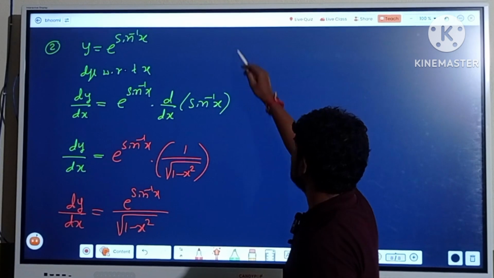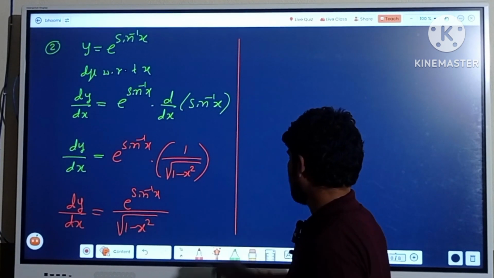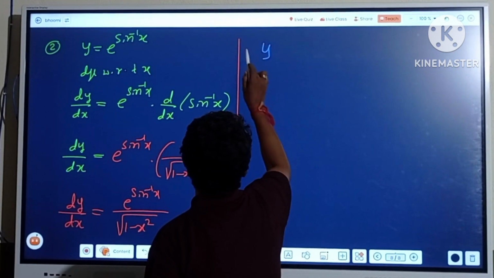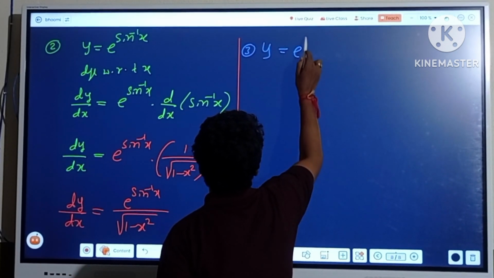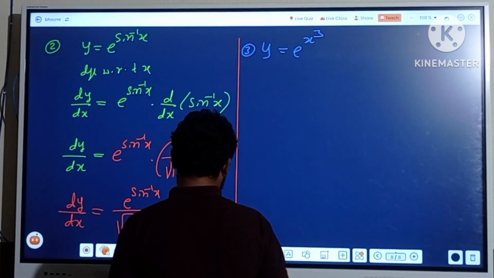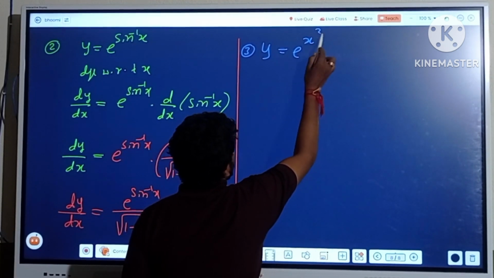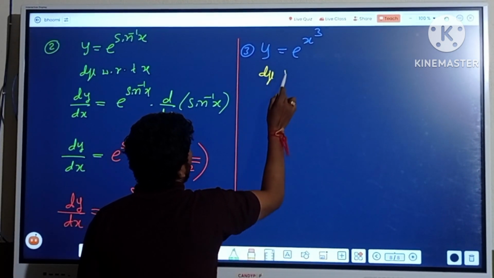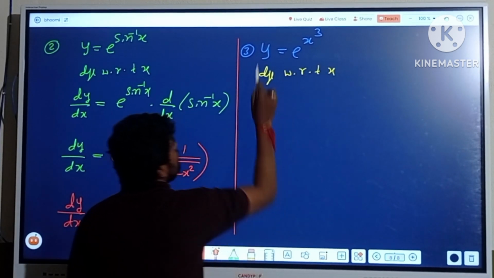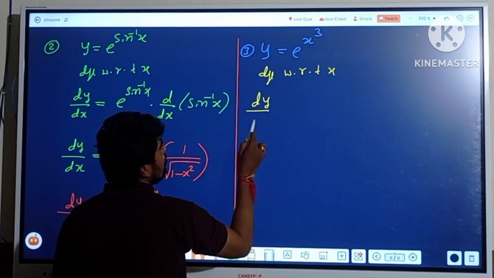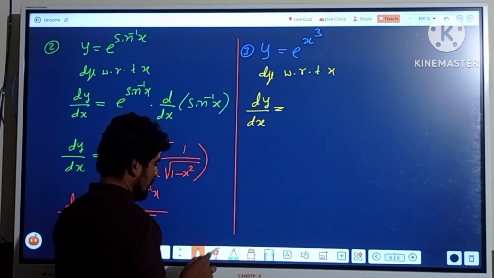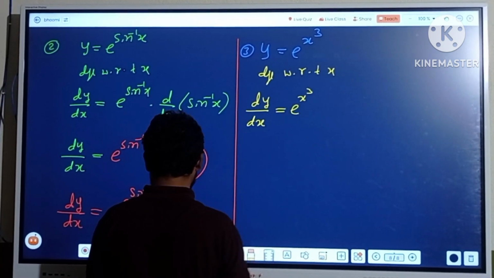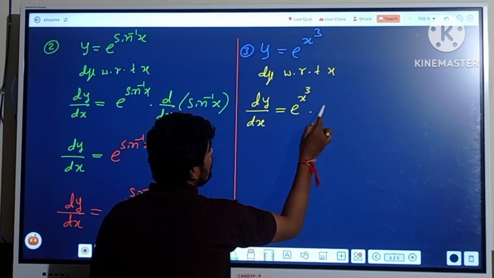So now the next, third question is find dy by dx for the function y is equal to e power x cube. So therefore differentiate this function with respect to x. So derivative of y with respect to x is dy by dx, and derivative of e power x cube is e power x cube into what?